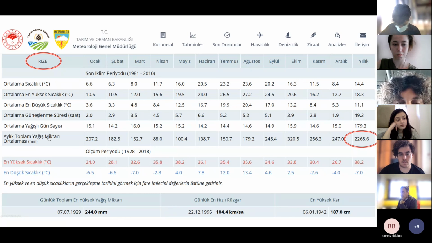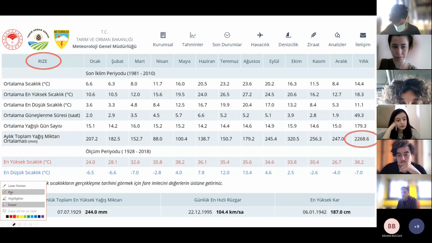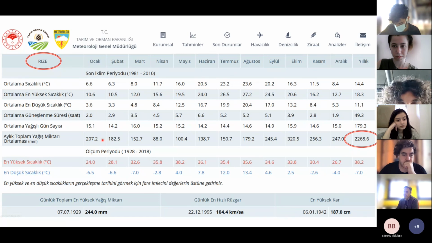The data is the average of 20 years, from 1981 to 2010. For those 20 years, each month I had this value of total precipitation.